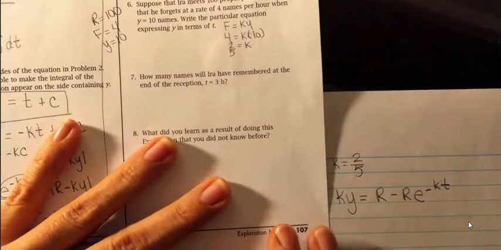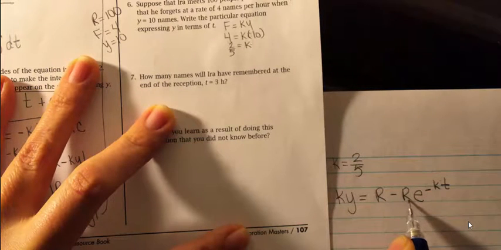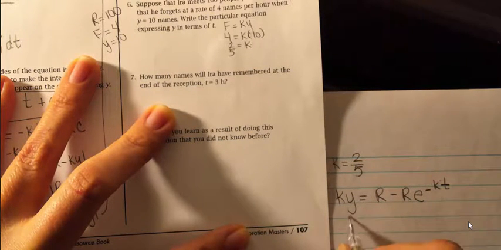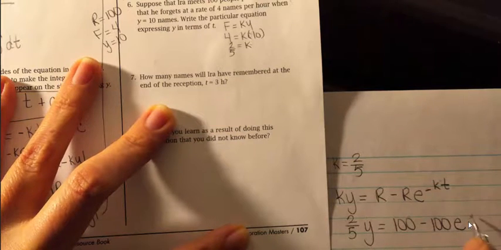Okay, so let's see what else I've got here. I know what R is, that's 100. I know what k is, it's 2/5, so this is really 2/5 times y equals 100 minus 100 e to the negative kt.